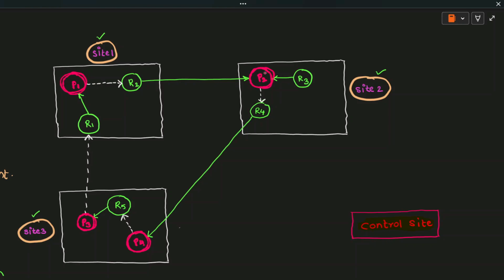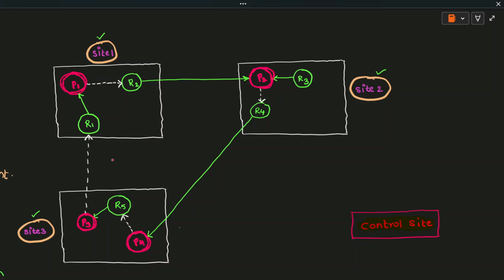Process P2 is holding resource R2. Until process P2 releases the resource R2, the resource will not be allotted to P1. Similarly, process P2 is also holding resource R3, but P2 is waiting for resource R4. So the dependencies between the processes and resources are given.